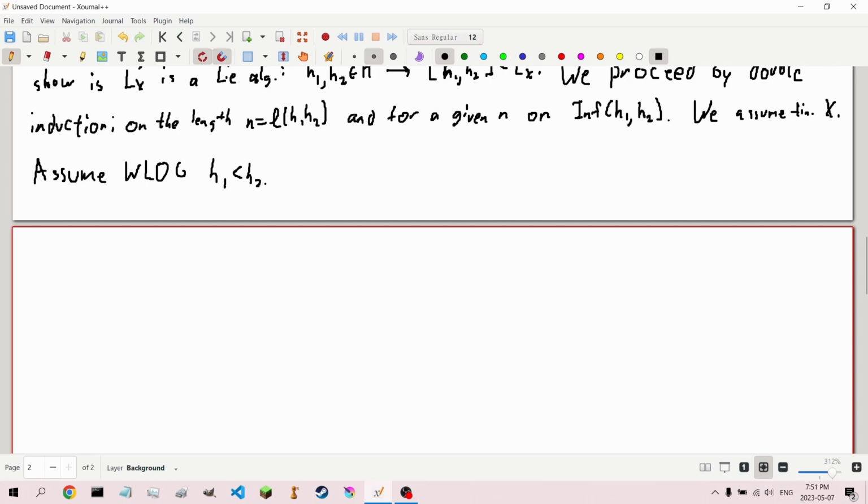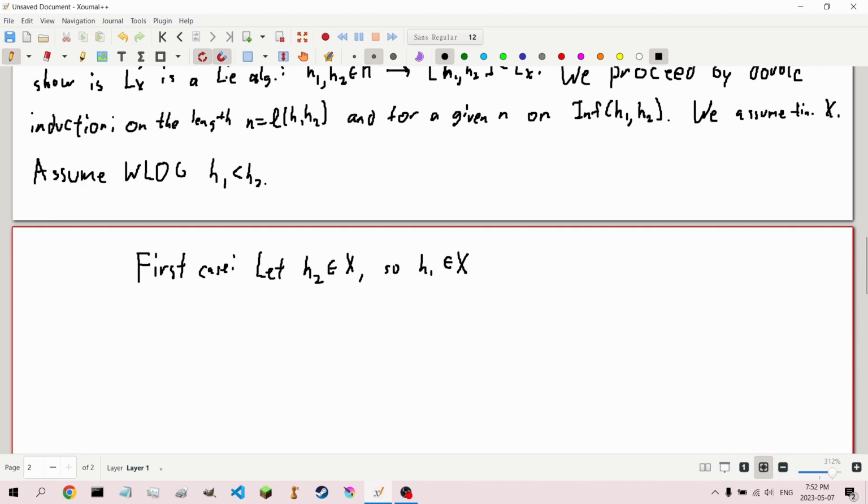Okay, first case. Let h2 be in X. So that h1 is in X, because keep in mind that h1 is less than h2, and X is at the bottom of our order, because we're ordering first and foremost by length.